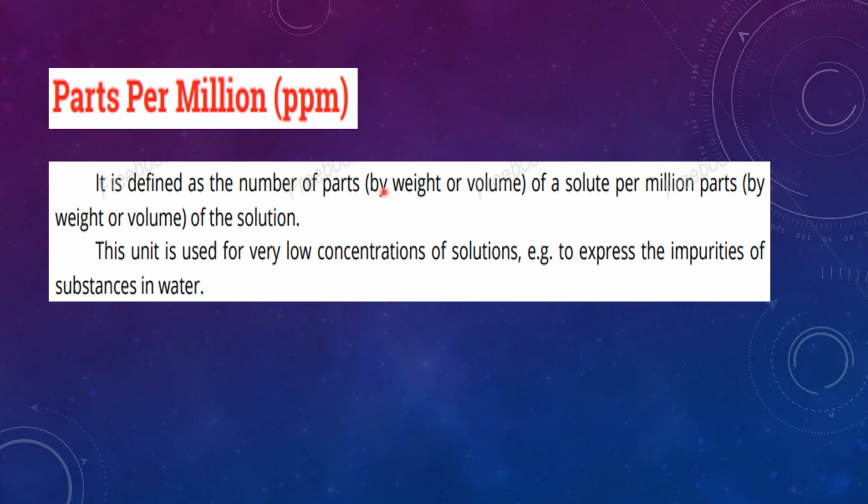This unit is used for very low concentrations of solutions. Just like if we want to express some impurity present in the solution, we will use this parts per million value.